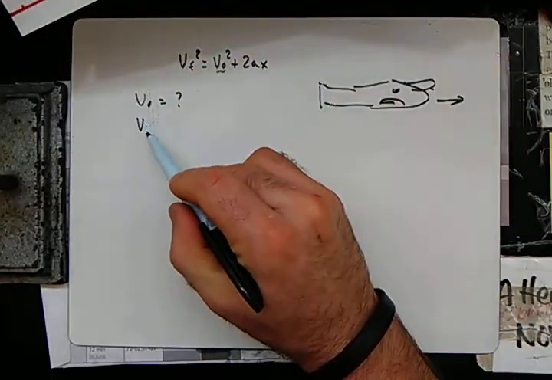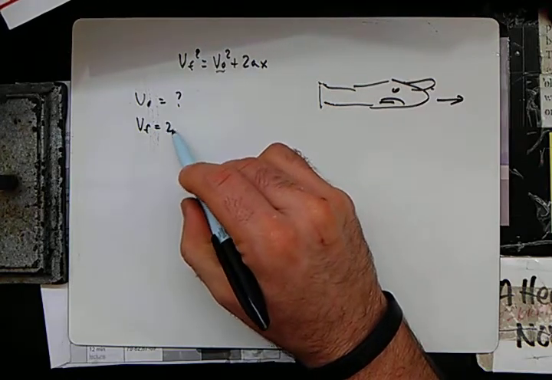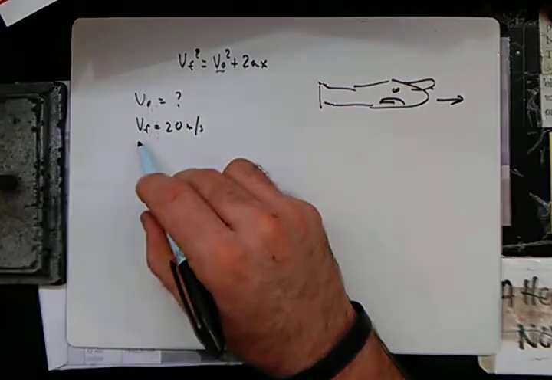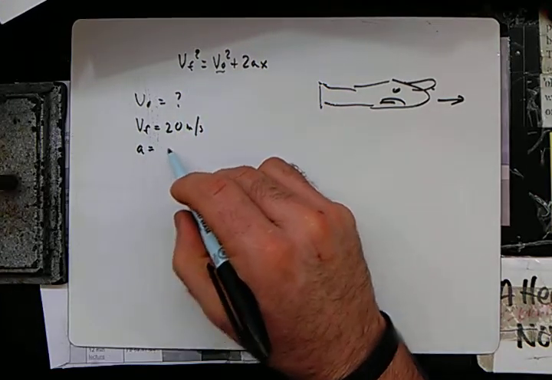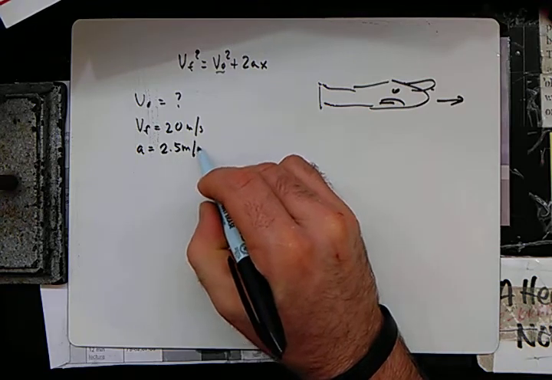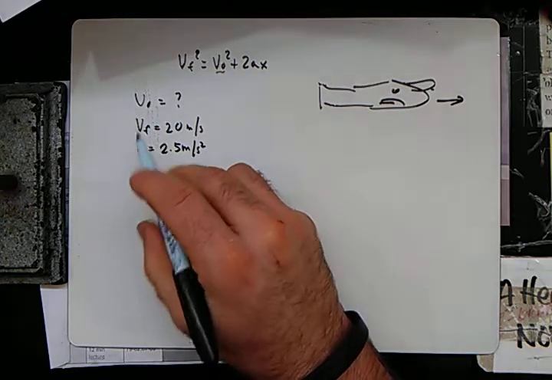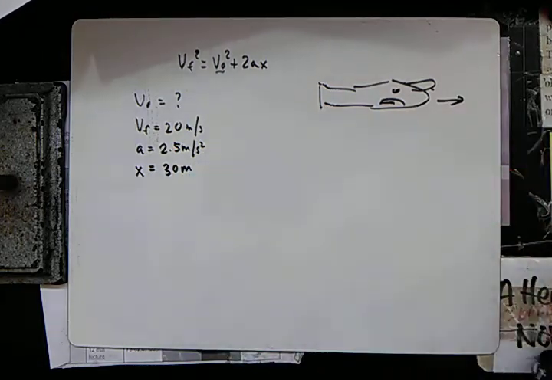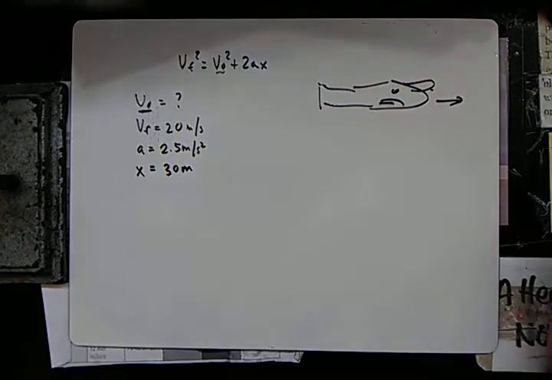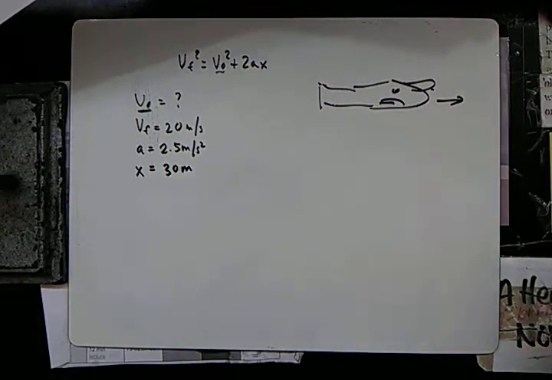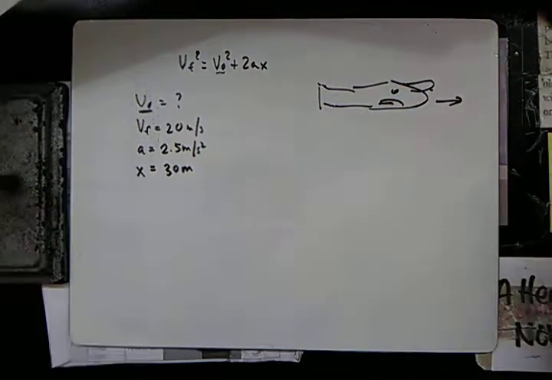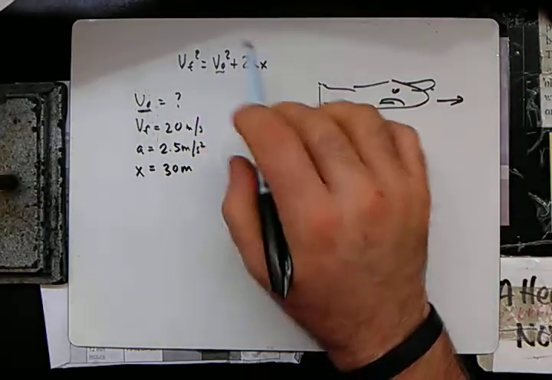We'll say the final velocity is 20 meters per second, the acceleration is 2.5 meters per second squared, and let's change that displacement to 30 meters instead and see what initial velocity I come up with. This way we're not going to get a negative sign under the radical, which would cause us some problems.